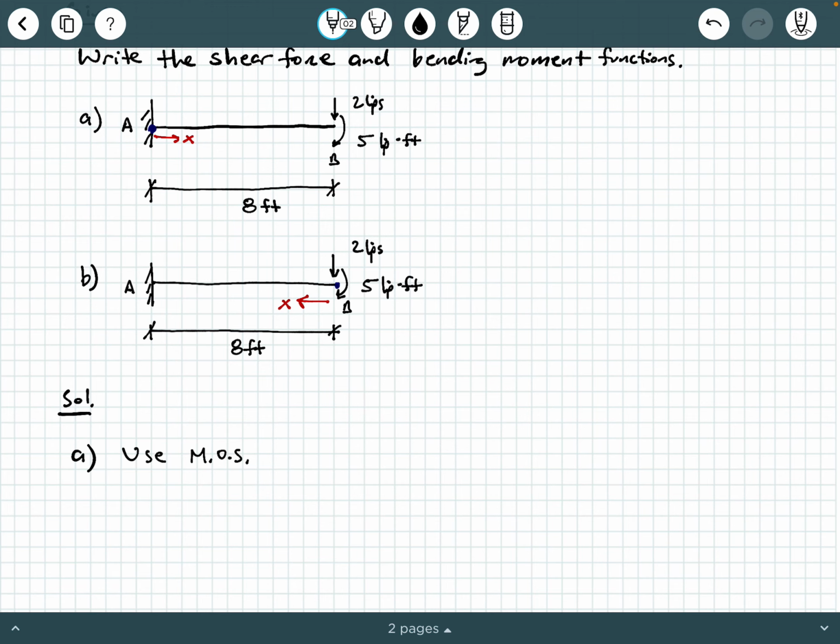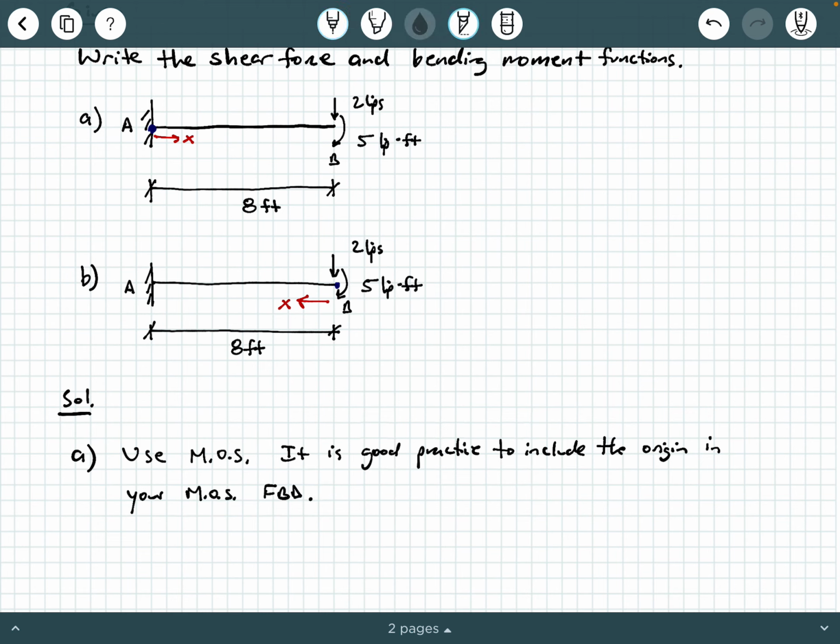It's always good practice to include the origin in the free body diagram of your method of sections process. So I'm going to make a note here: it is good practice to include the origin in your method of sections free body diagram that you're analyzing.